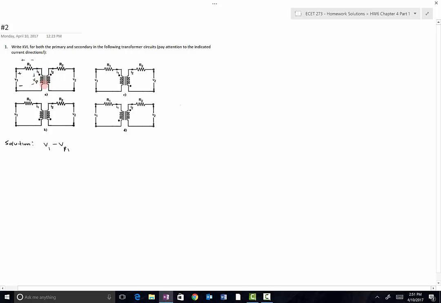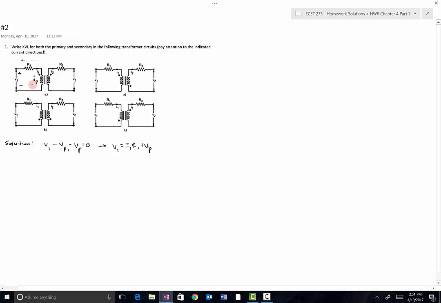That's the convention for a transformer, so that's going to be minus VP is equal to 0. So I would probably rewrite that as V1 equals I1R1 for the voltage drop across that resistor plus VP. So that's the KVL for the primary side.